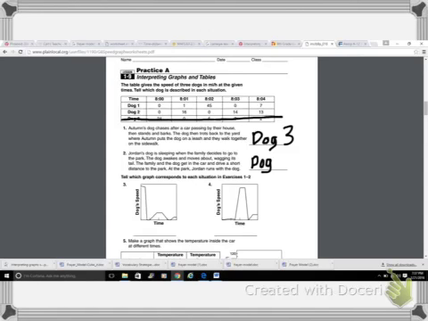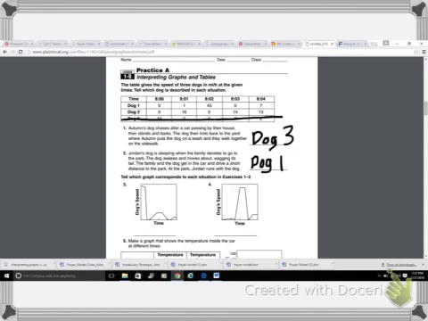So the answer to Jordan's dog is actually dog number 1. So that is how, guys, if you're given a verbal description, you have to go through and actually break it down to make sure that each part makes sense to you and see which part of the story matches the particular graph. So let's now take that and translate it to the graph.